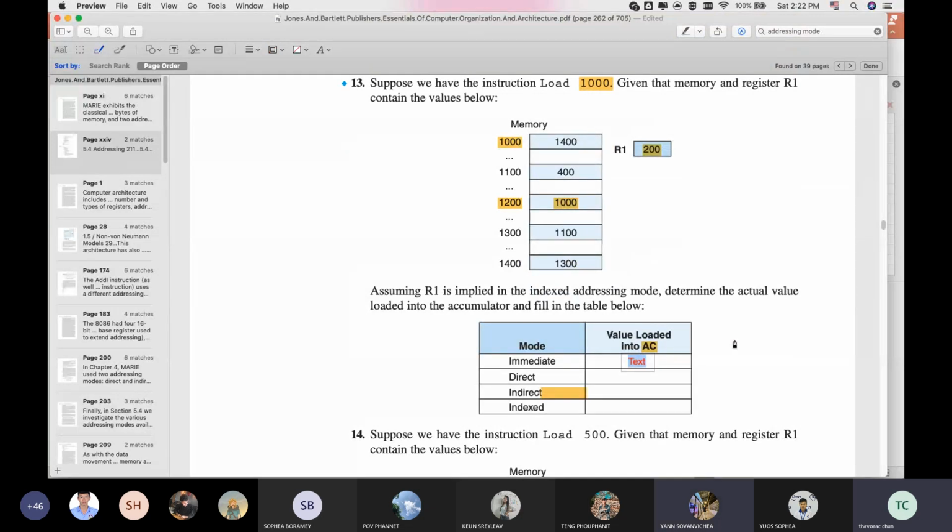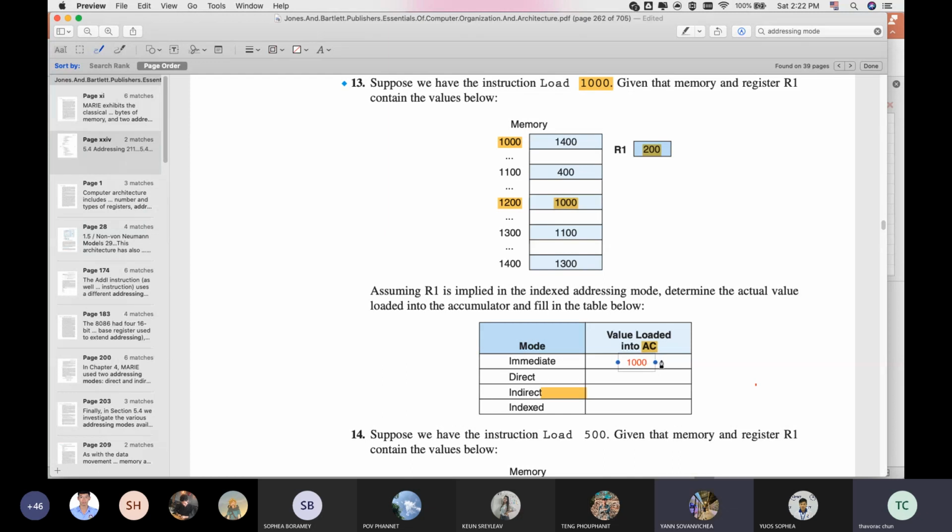I think 200. Here, 200. Are you sure? No, this one is not 200. This one is 1000. Do you get it?